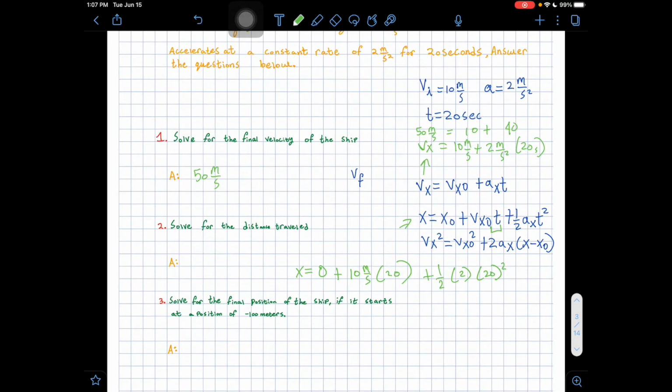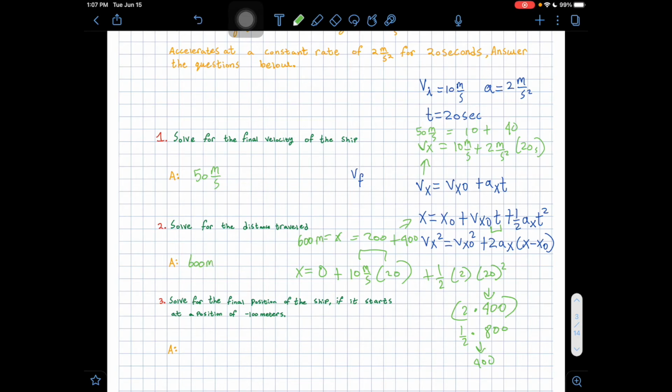So now we have 10 times 20 right here, which is 200, plus 1/2 times 2 times 20 squared. Well, 20 squared is just 400, times 2 is 800, times 1/2 is 400. So we have 200 plus 400 equals x. And we know 400 plus 200 is just 600. And again, it's distance, so it's in meters.